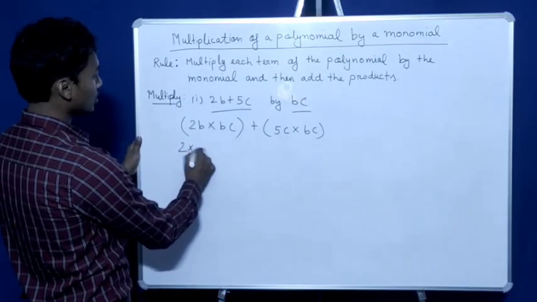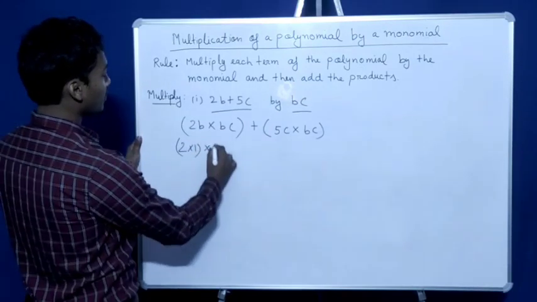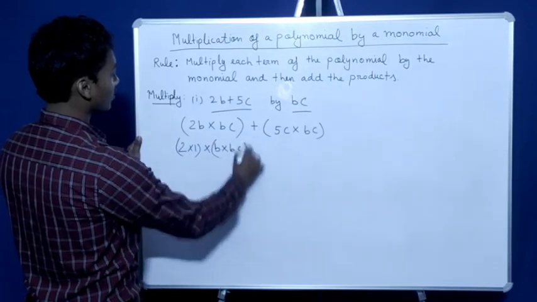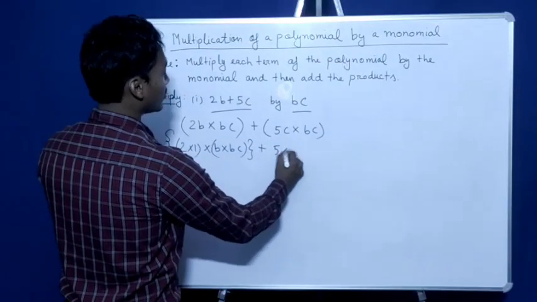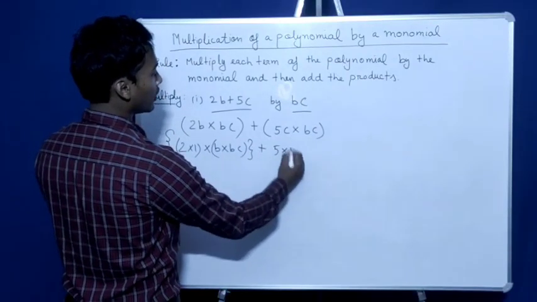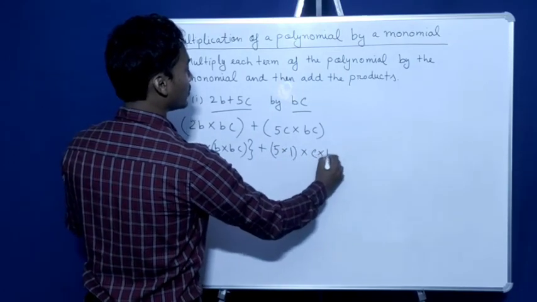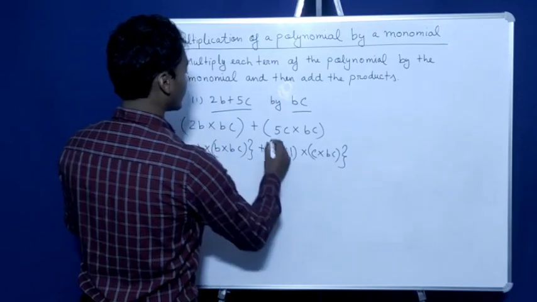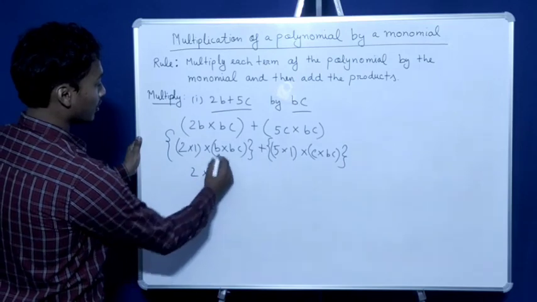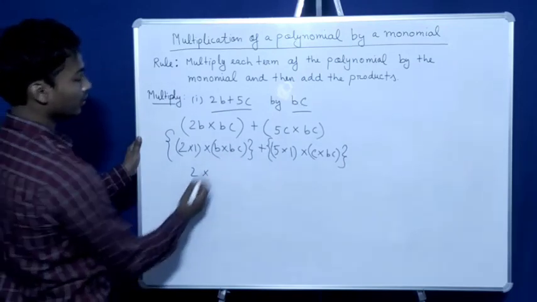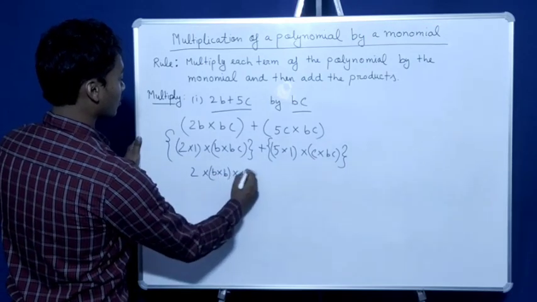So 2 times, here we have no numerical coefficient, it means we have 1, multiplied by b times bc, plus, now 5 multiplied by no numerical coefficient means 1, times c times bc. 2 ones are 2 times, now we can multiply the same variables together, so b times b times c.